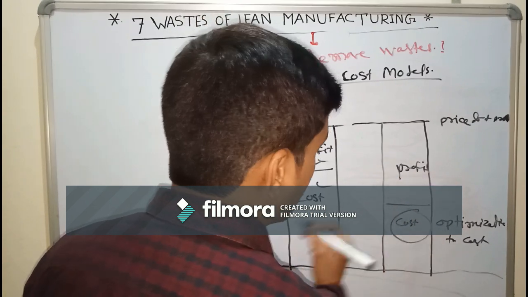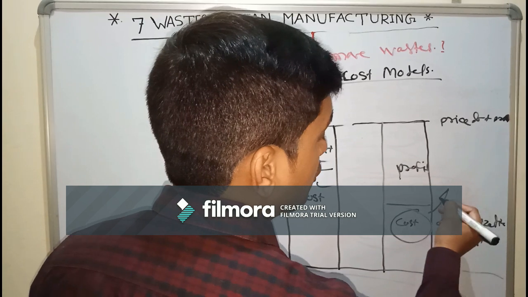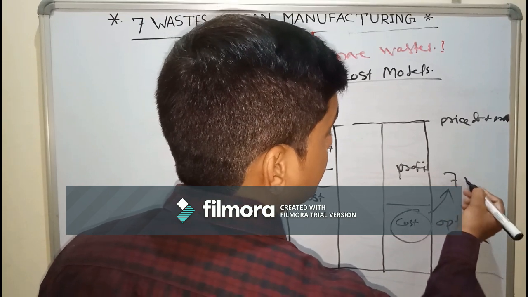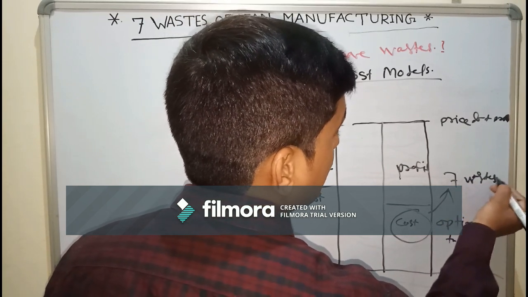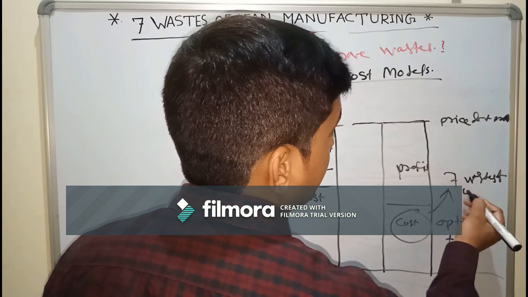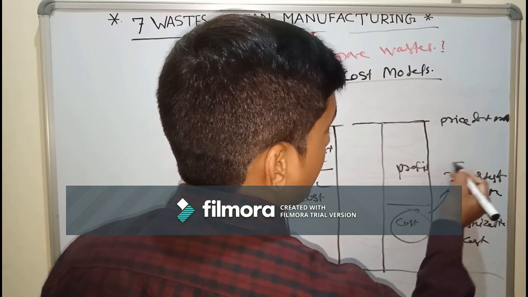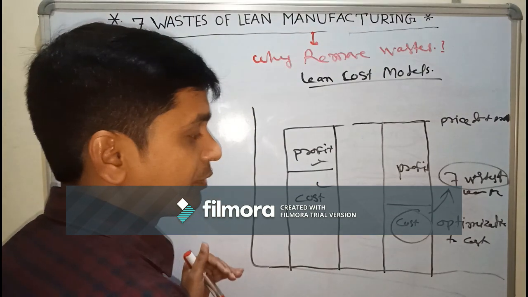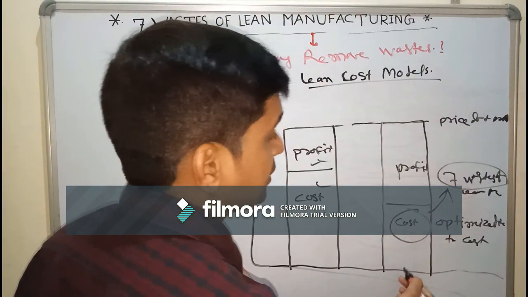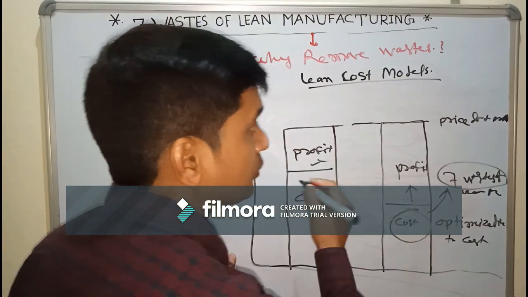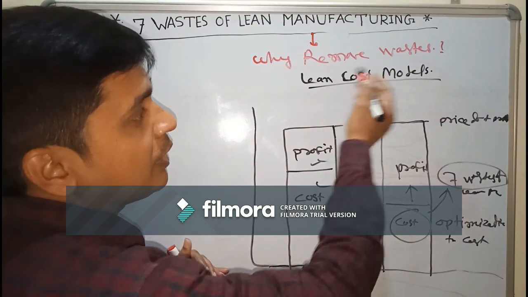But optimizing the cost is possible only if you remove the seven wastages of lean manufacturing. If you remove the seven wastages, your cost will be optimized and your profit will be gained. So that is why we have to remove wastage.